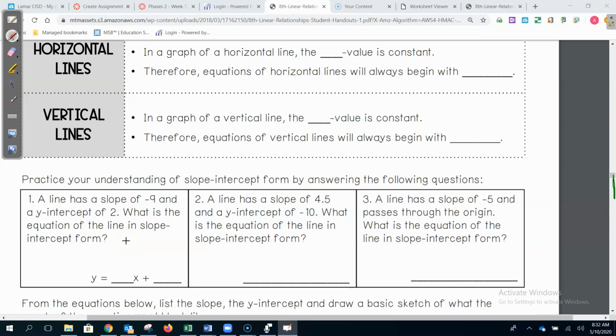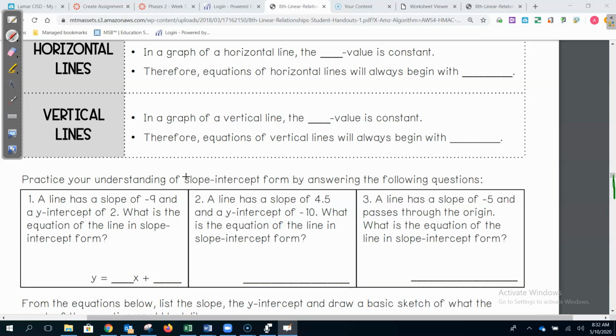So, number one, all we're doing is figuring out what the slope is and what the y-intercept is, where y equals mx plus b. Number one says, a line has a slope of -9 and a y-intercept of 2. What is the equation of the line in slope-intercept form? You're simply pulling out the information.